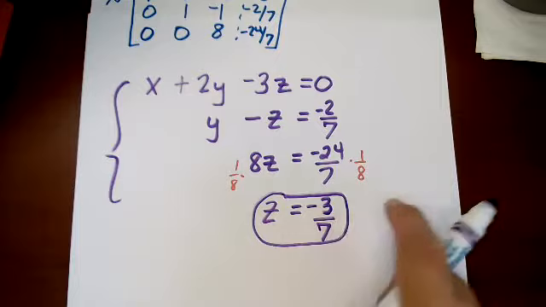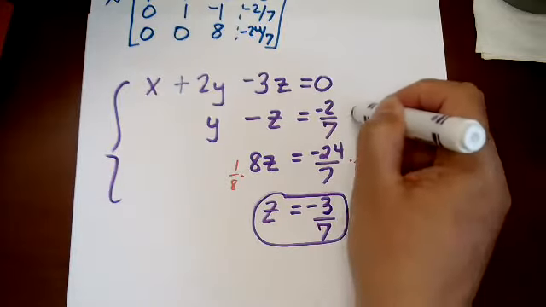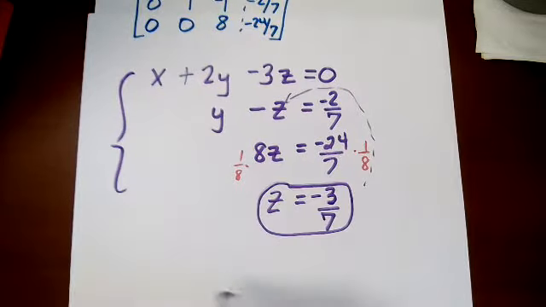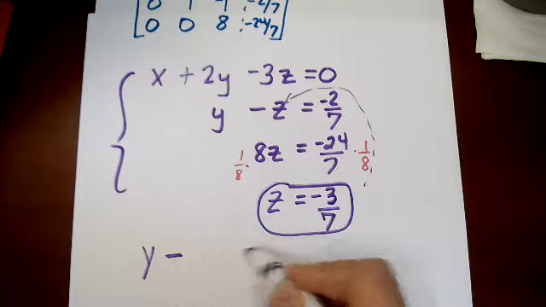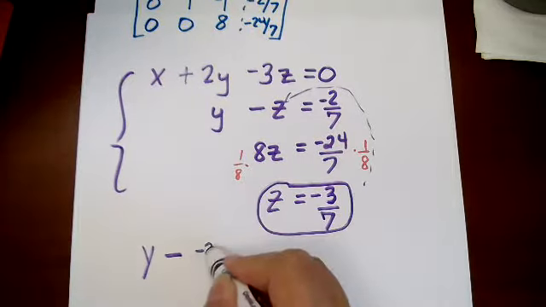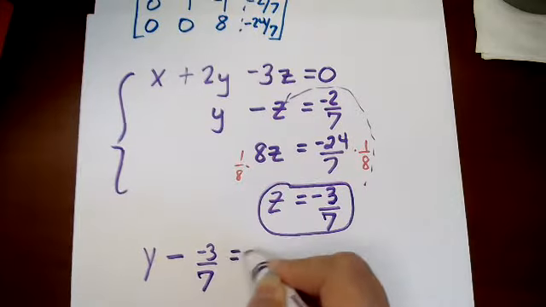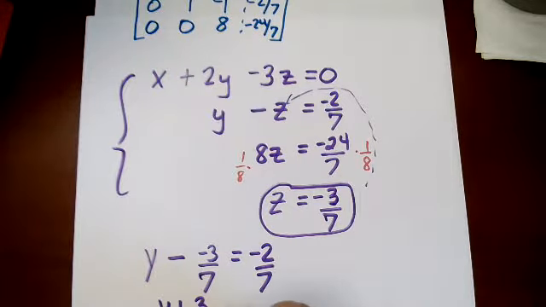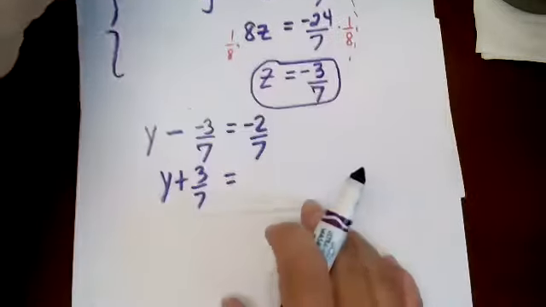I'm going to take that value and I'm going to plug it in here for my z. So y minus a negative 3 sevenths equals a negative 2 sevenths. Of course, when you subtract a negative, that's the same as doing addition.